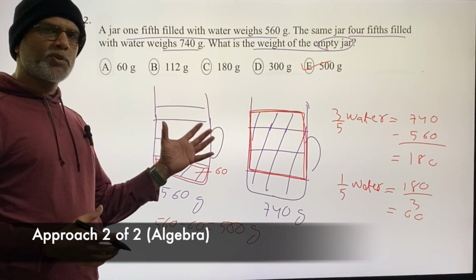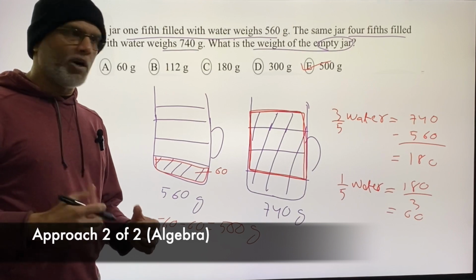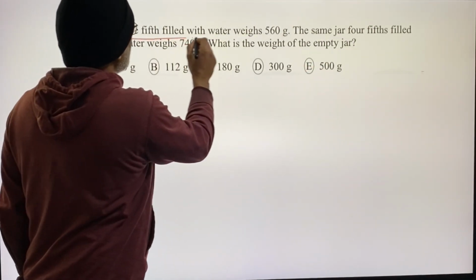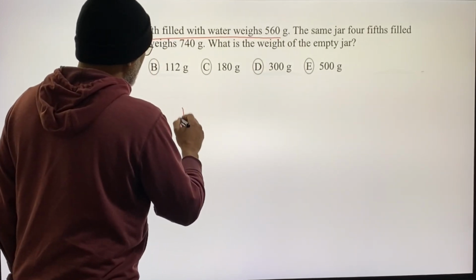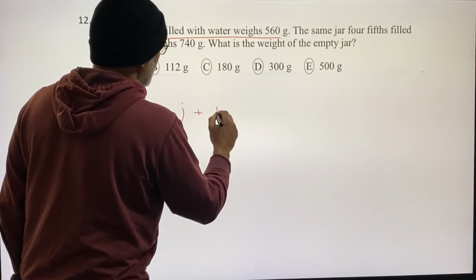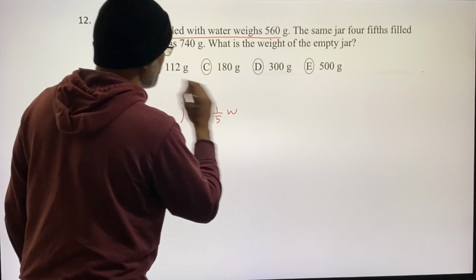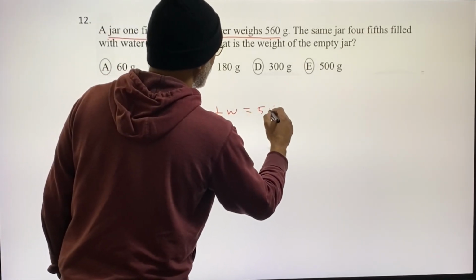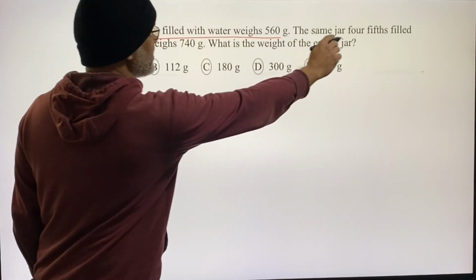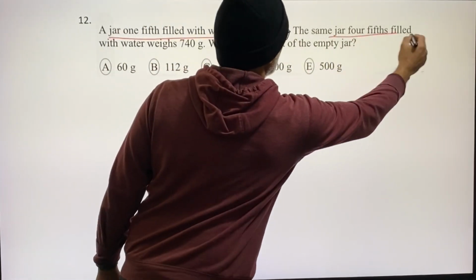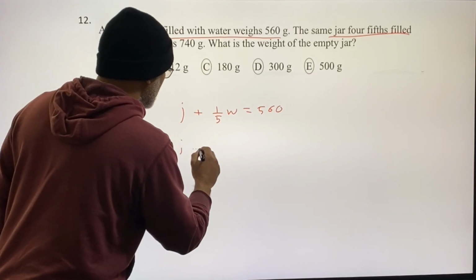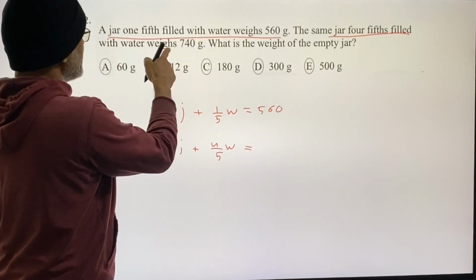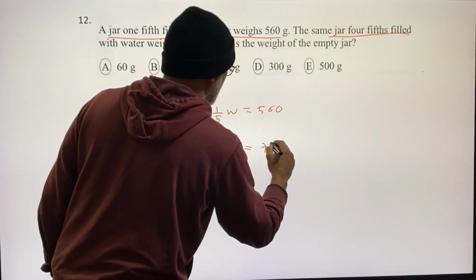We can also solve this problem using algebra. Let me show how. All right. Let me call J for jar and W for full water, and 1/5 of that, so J plus 1/5 W is 560. The same jar 4/5 filled, so jar plus 4/5 W is 740.